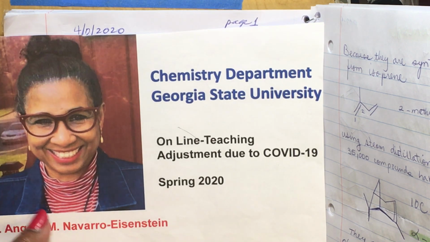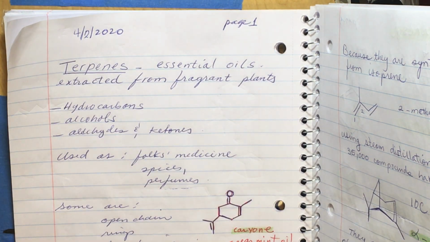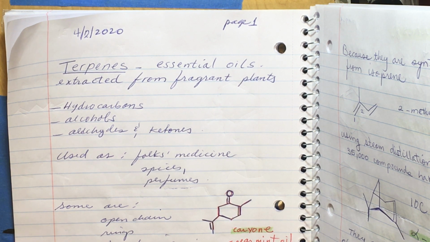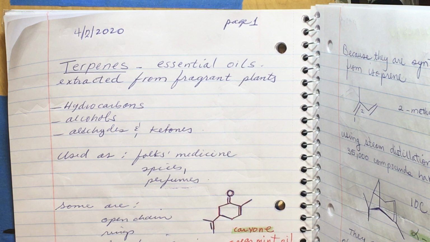The mixture of hydrocarbons, alcohols, aldehydes, and ketones that have multiplied the number of carbons by 5 each time is known as terpenes. The combination of isoprenes yields 5 carbons plus 5, that will be 10, 15, 20, 25, 30, and even 40.